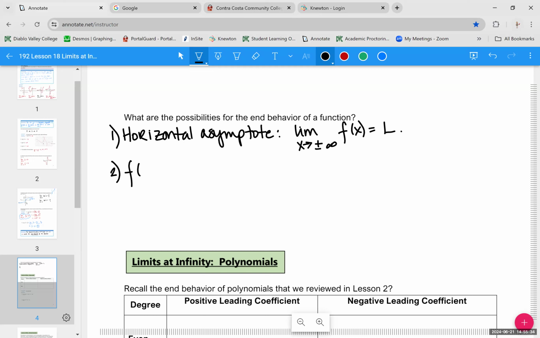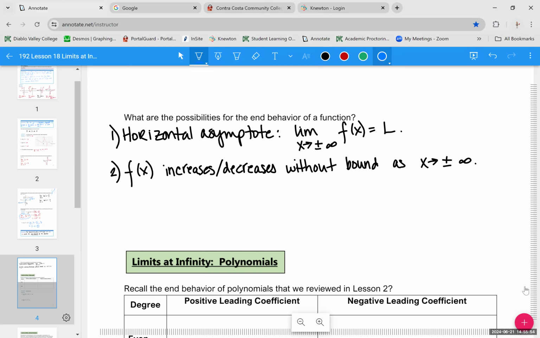So another option is that f of x increases or decreases without bound as x approaches either positive or negative infinity. And a couple of good visuals for that would be something like an x squared or a negative x squared.